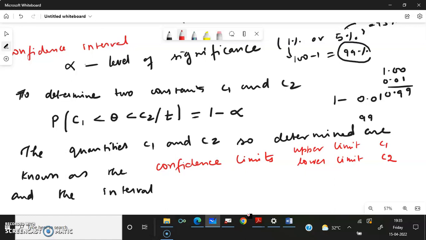Now the confidence interval. You can take a closed interval or open interval. If you include C1 and C2, it will be a closed interval.